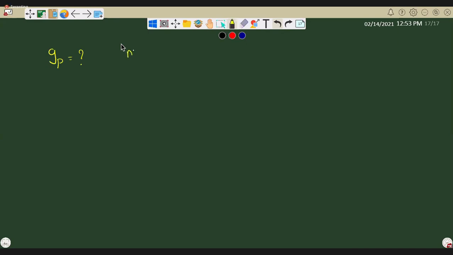If the mass of the planet is 10% less than mass of the Earth, and radius of the planet is 20% greater than the radius of Earth, then acceleration due to gravity on the planet will be.